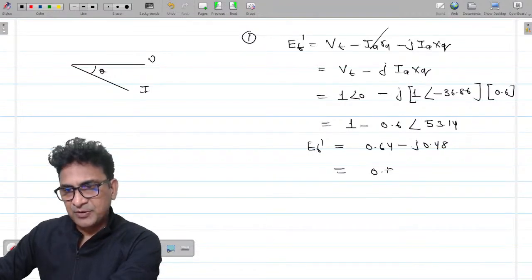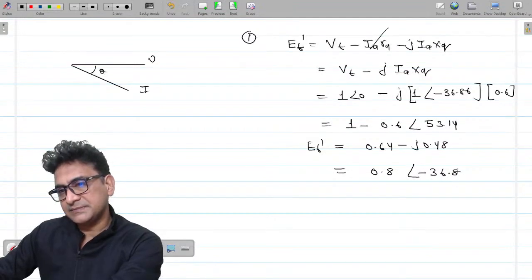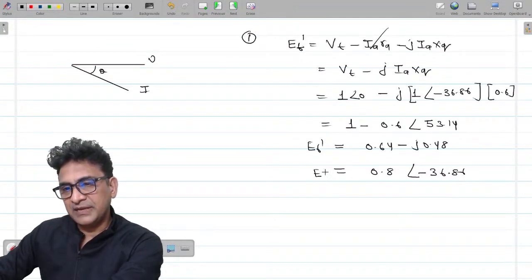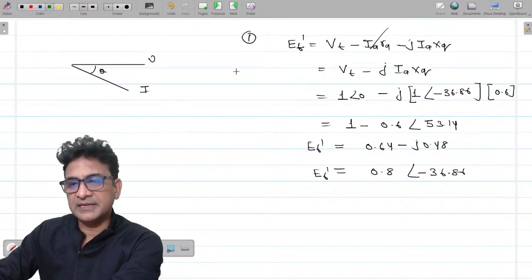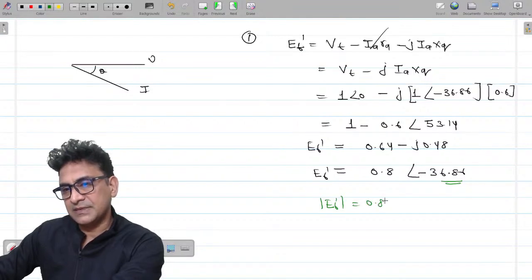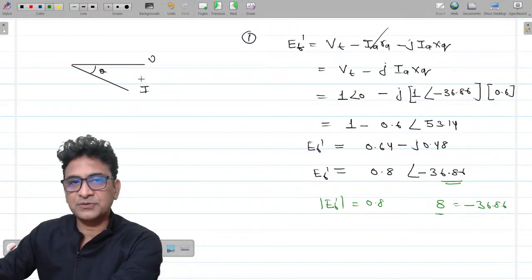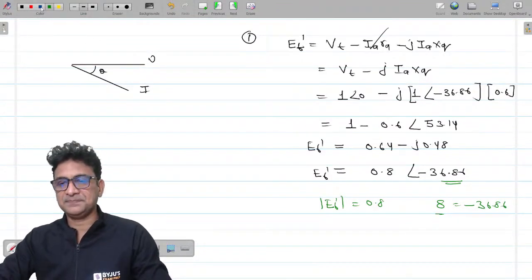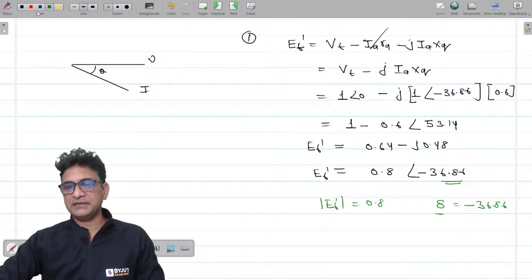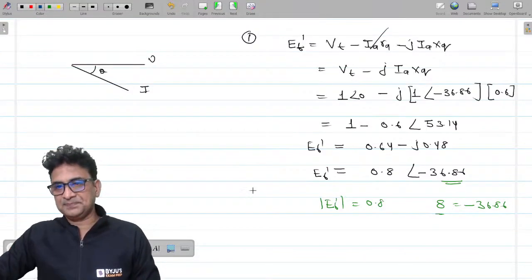Magnitude comes to 0.8 and angle is minus 36.86. I told you the angle of EF dash is nothing but the delta. So this is my delta. The magnitude of EF dash is 0.8 and angle delta is minus 36.86. No doubt, in case of a motor, the delta should always be a negative number, because the load angle is negative for a synchronous motor and positive for a synchronous generator.